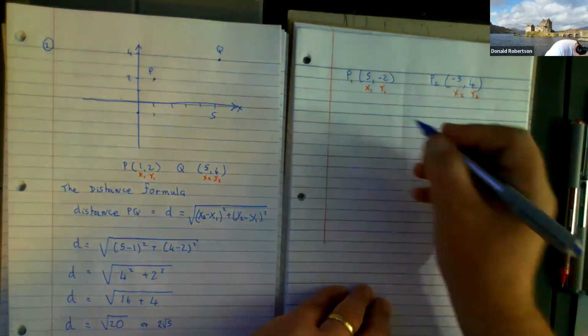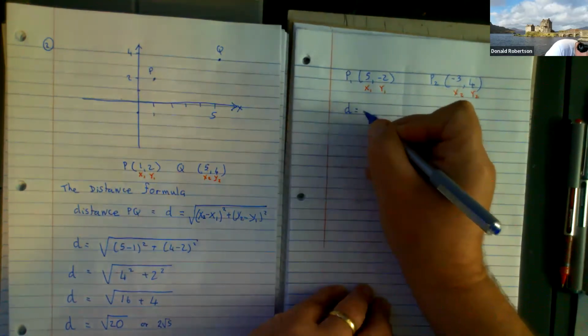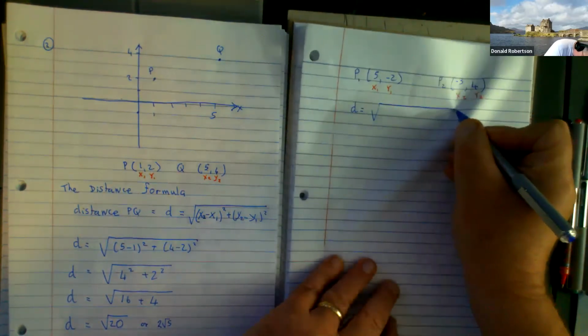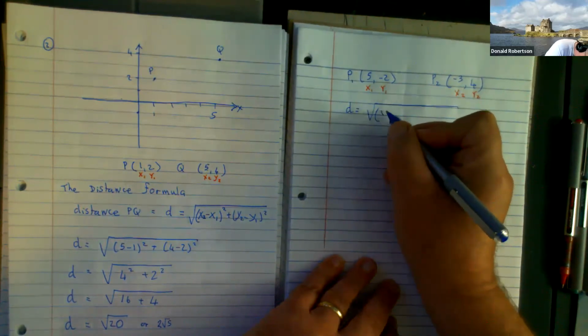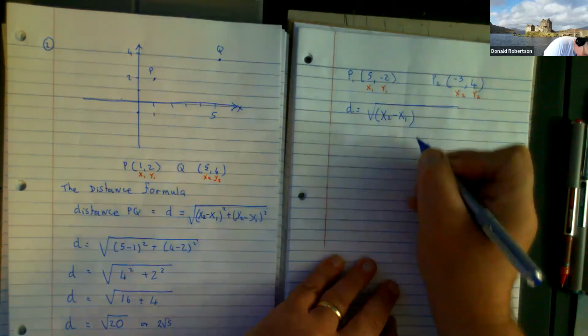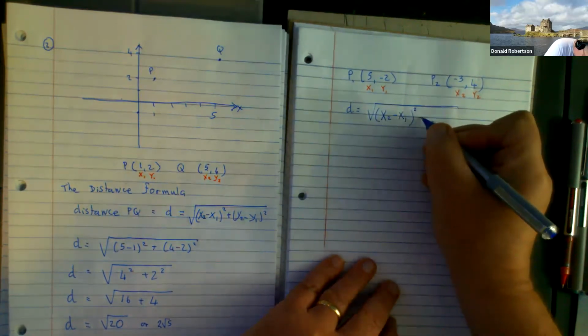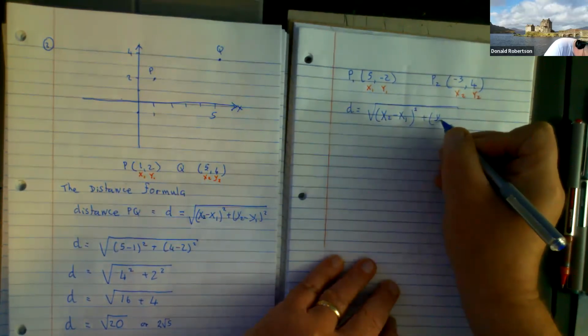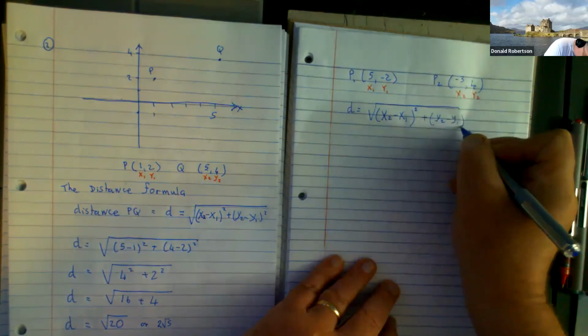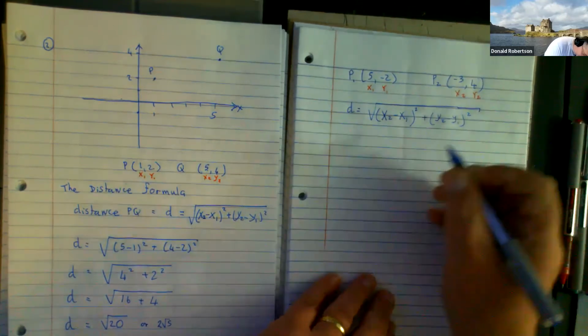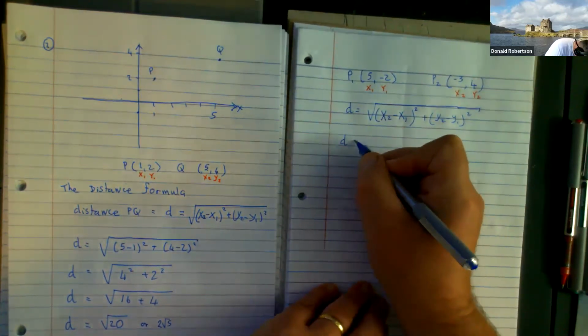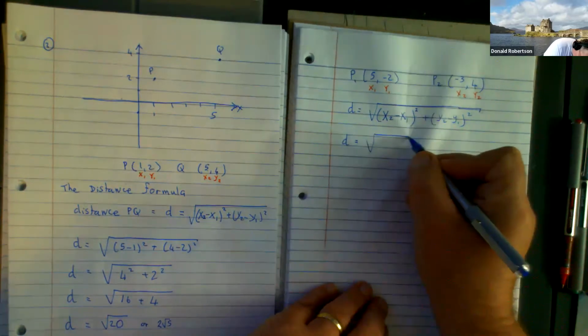And we're being asked to find the distance between them. So we will do x2 take away x1, the difference in the x's squared, plus y2 take away y1 squared.